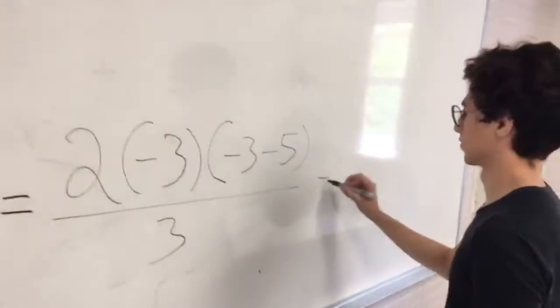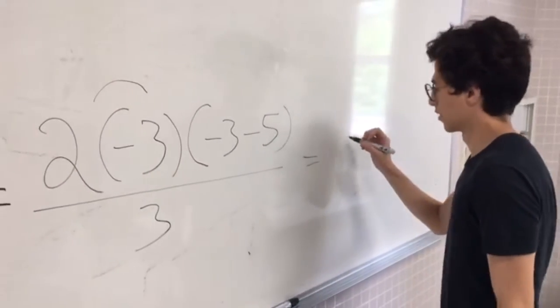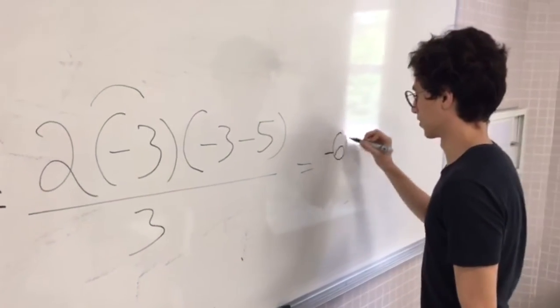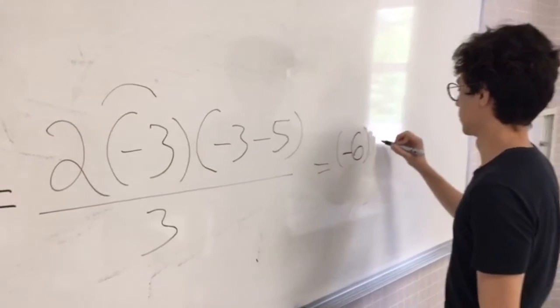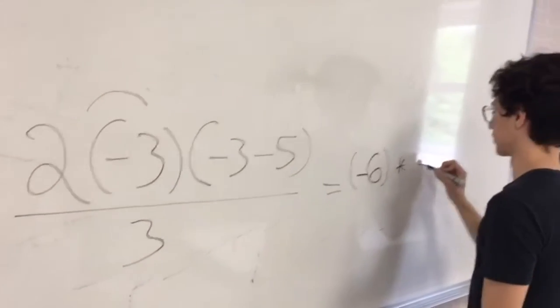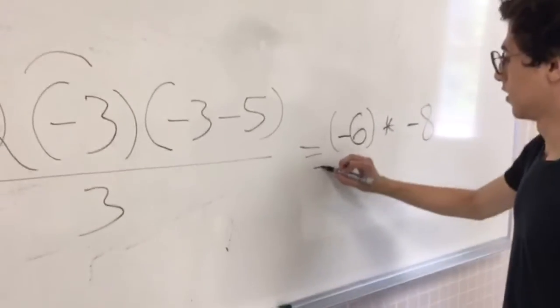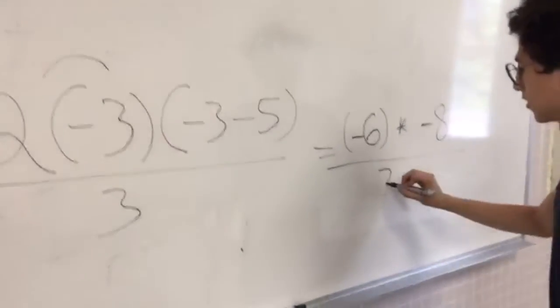Now we multiply these two numbers, and we get a minus 6 times the result of this, which is minus 8, over 3.